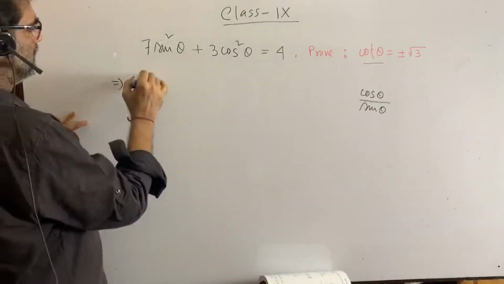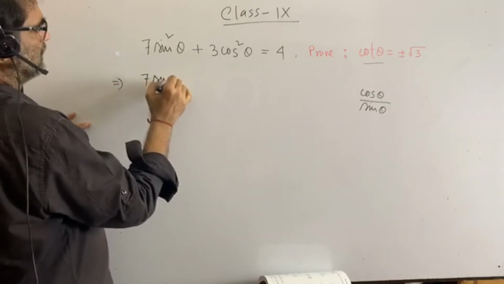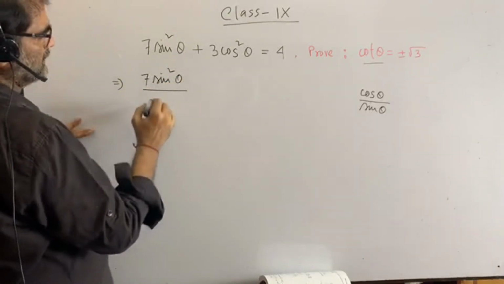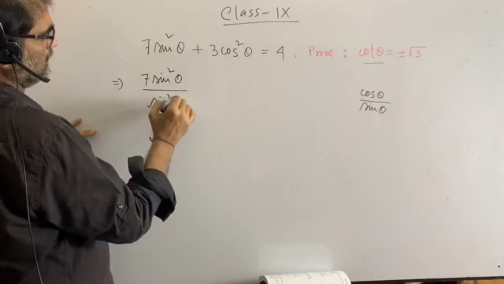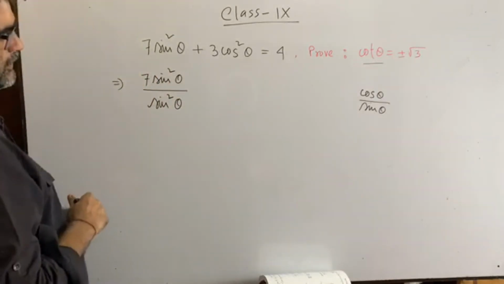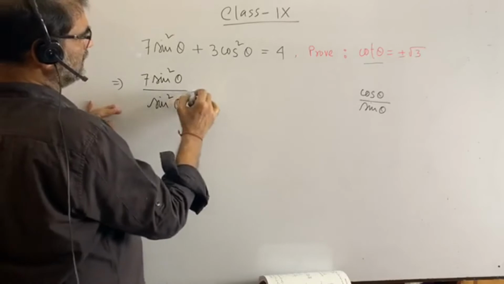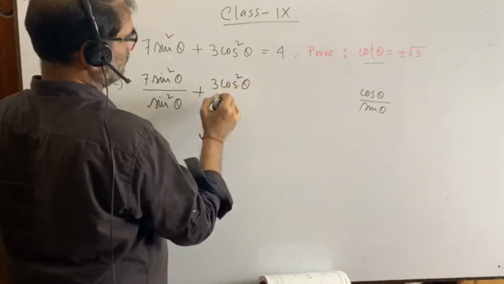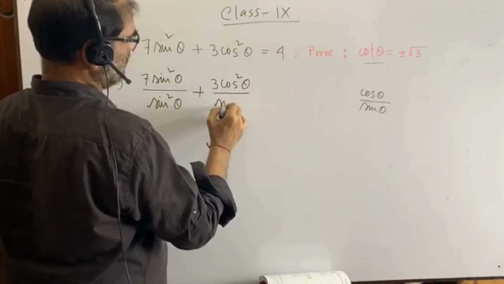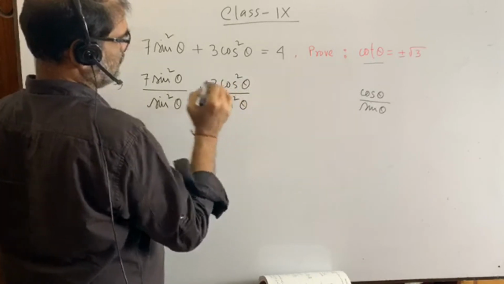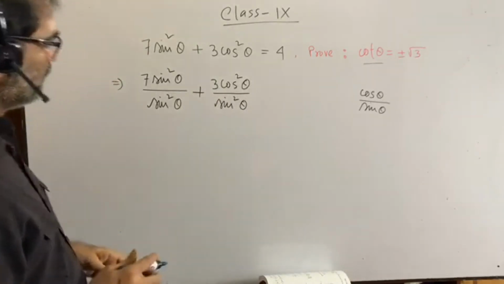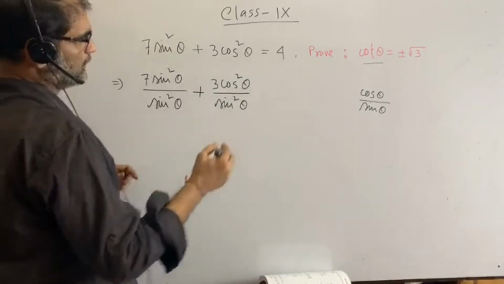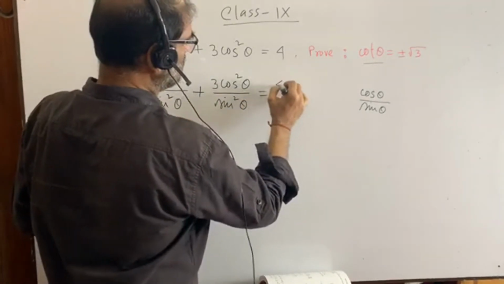Let's divide. Write down 7 sine square theta by sine square theta, then 3 cos square theta by sine square theta. I am going to divide all the terms of both the sides by sine square theta, equal to 4.